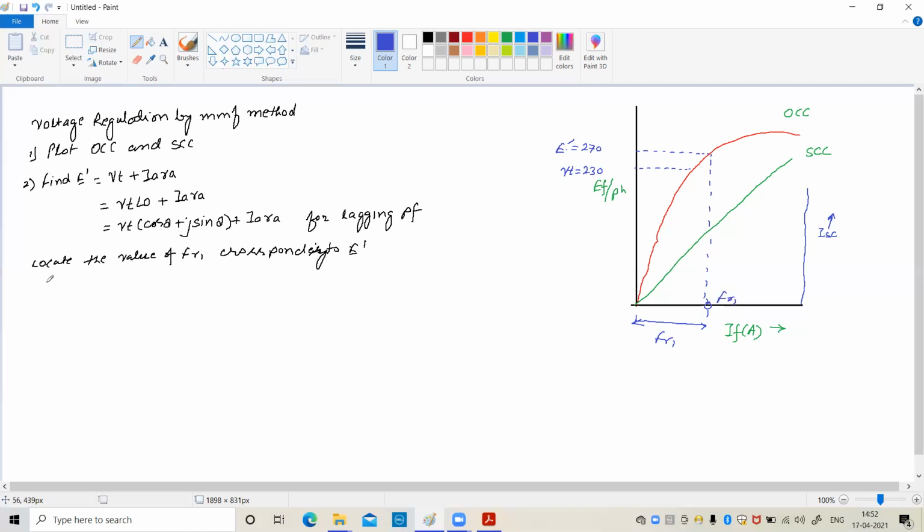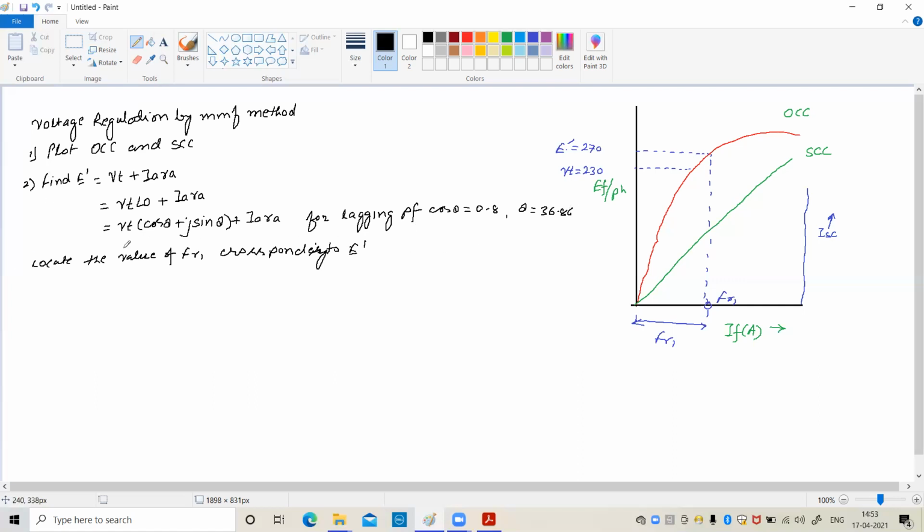Okay. So look at the value of FR1. You can write in the polar form, with VT plus cos theta plus j sin theta at lagging power factor, cos phi equal to say 0.8. So theta is equal to 36.86 degree, isn't it?